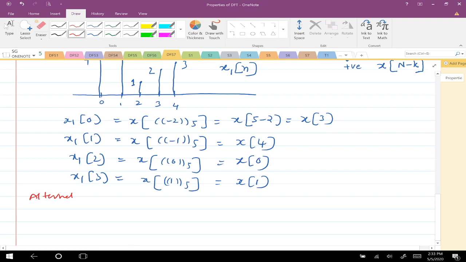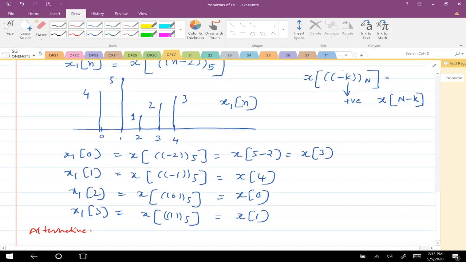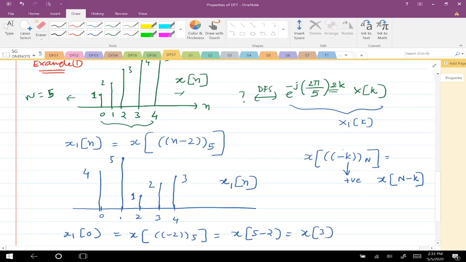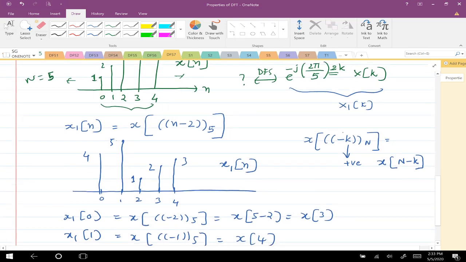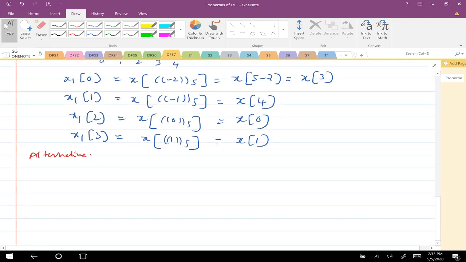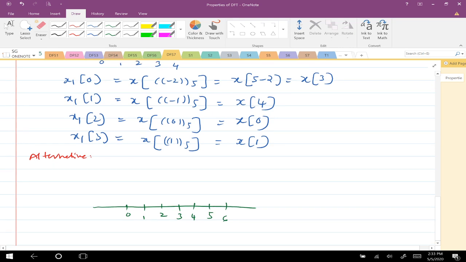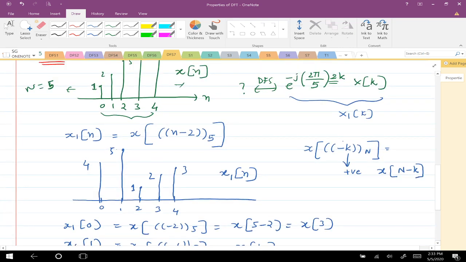An alternative way of drawing it, okay, is, for example, you shift this whole thing by 2, correct? You want n minus 2 modulo 5. You first shift it by 2. That means what do I get there? Right, 0, 1, 2, 3, 4, 5, 6. Okay, this is starting from 0 to 4.